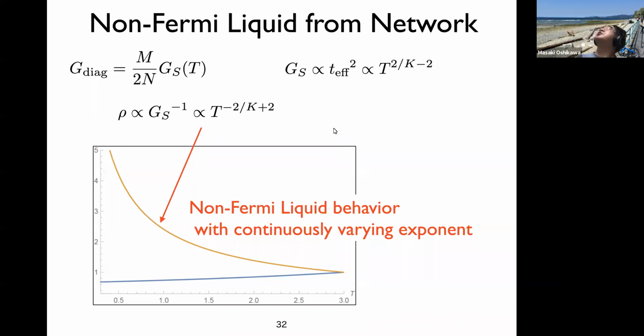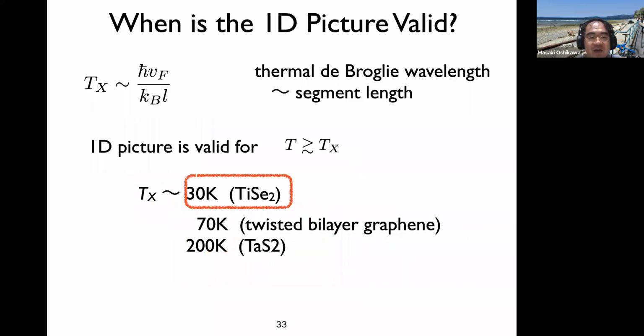Okay, so I'm running out of time. One important point is that at first I discussed a flat band issue, and then in the latter half I discussed transport in terms of a network. So the question is, when is this 1D picture for transport valid? We think that this is dictated by a crossover temperature, Tx, which is given by Planck constant times Fermi velocity over Boltzmann constant times segment length.